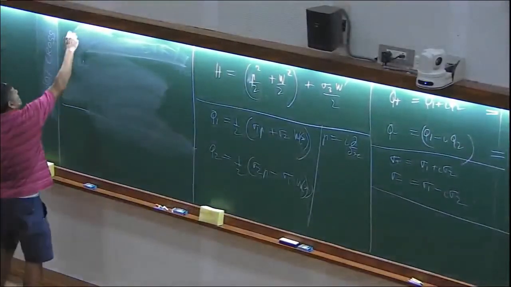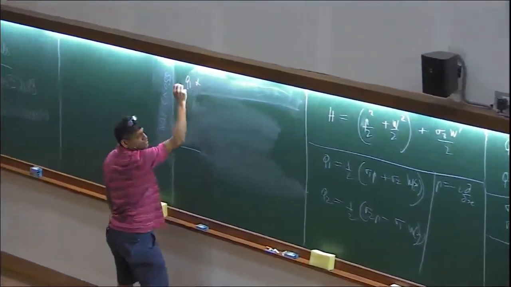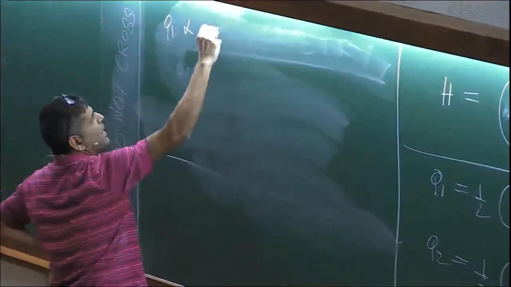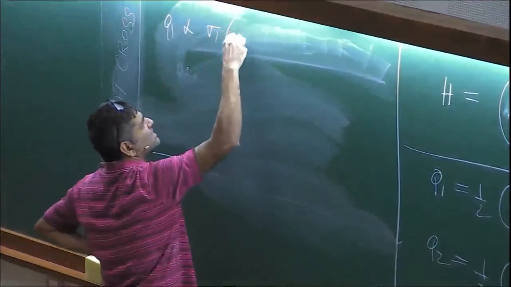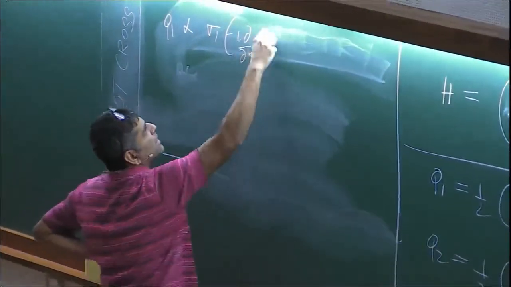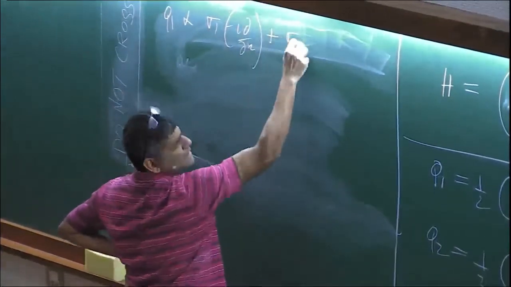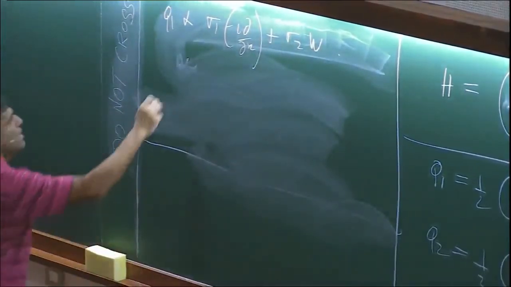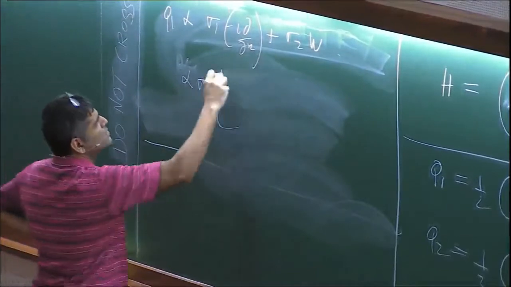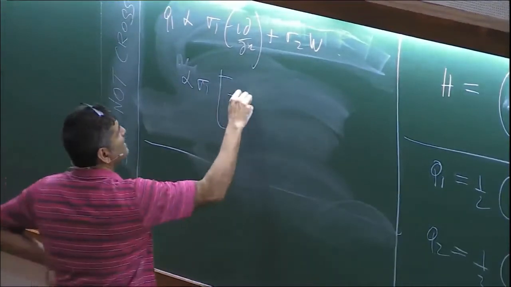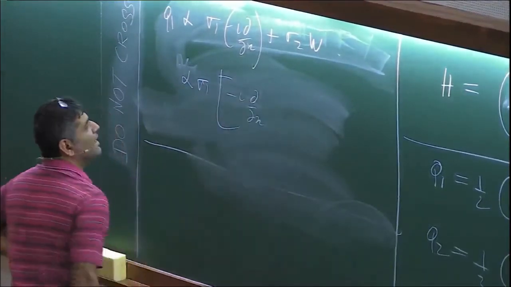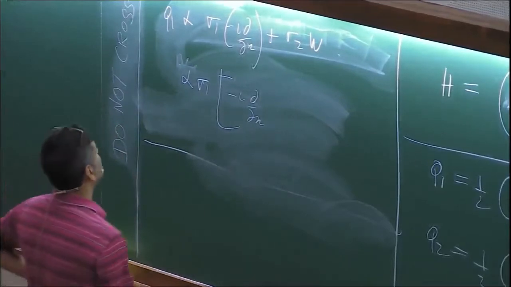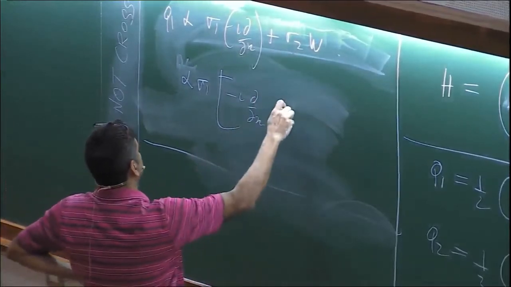Okay, so Q1 was proportional to sigma 1 times minus i del by del x, plus sigma 2 W. So that's proportional to sigma 1 into minus i del by del x. And now we want to get sigma 2.